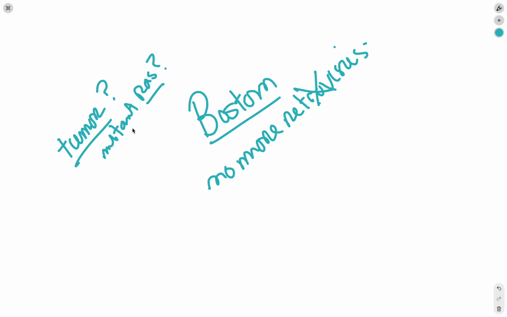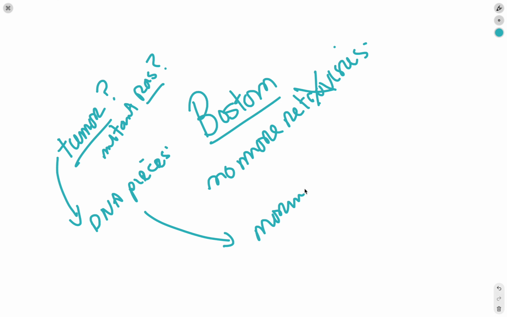So that's the idea. And in Boston, what he did is he took a tumor, and he took the DNA from that tumor in pieces, and he put the pieces into a normal mouse, normal rat, and he found pieces that could cause cancer.